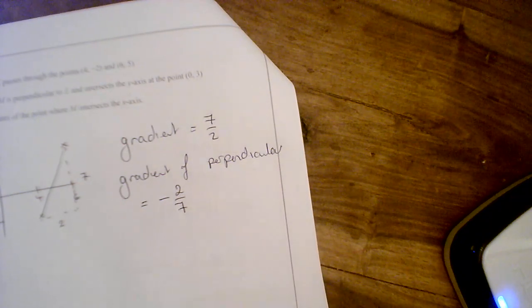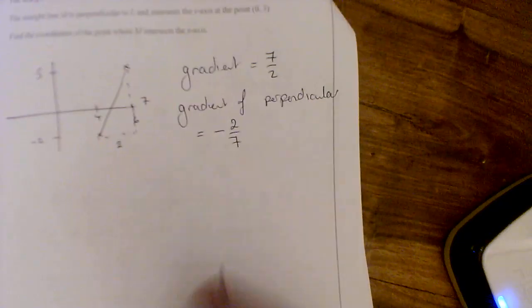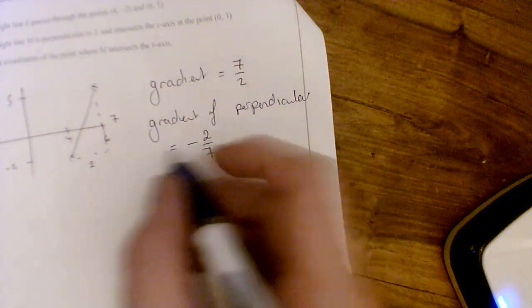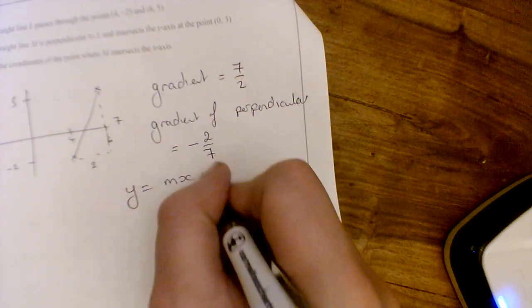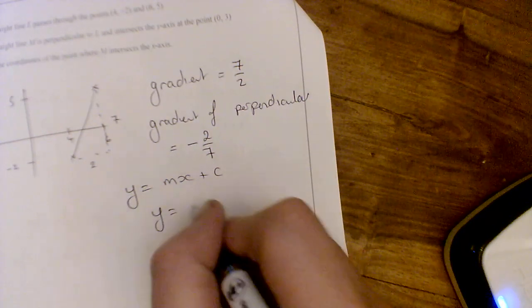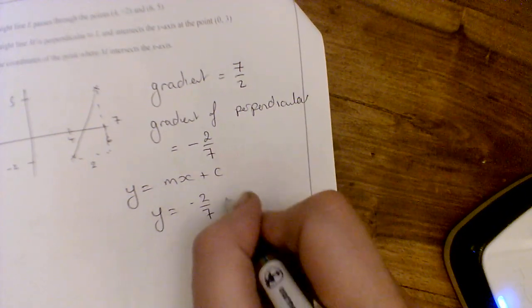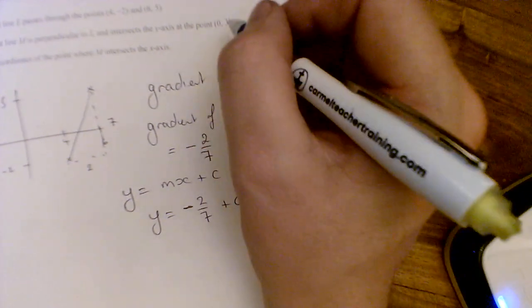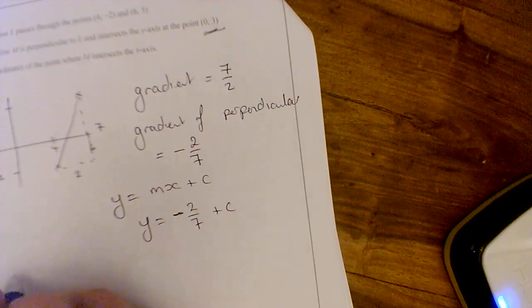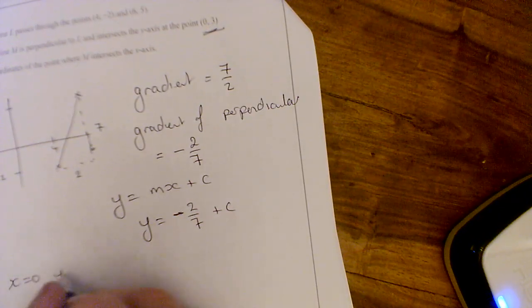So minus 2 over 7. Now I can put the equation together. We've got the gradient of the perpendicular, so y equals mx plus c is where we're going to go next. So y equals minus 2 over 7 x plus this constant which we don't know yet. What we do know is it's going to go through 0, 3. So when x equals 0, y equals 3.